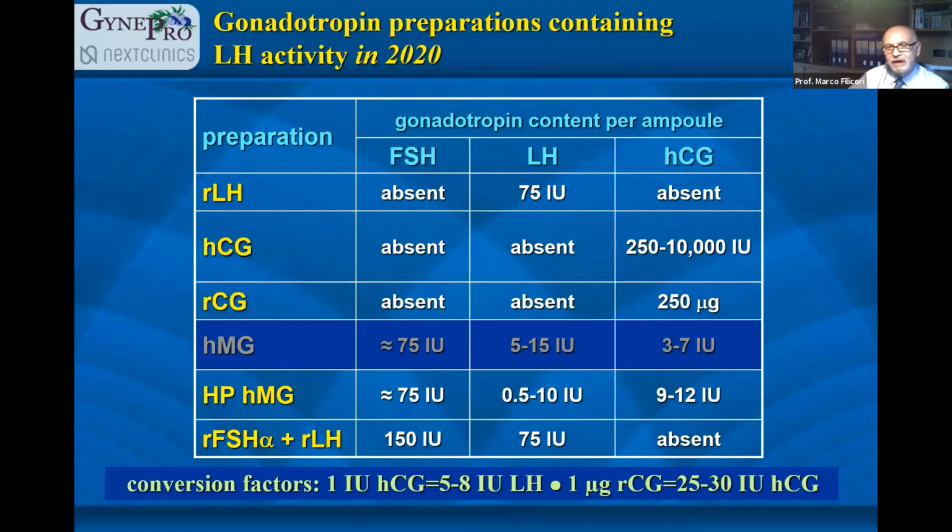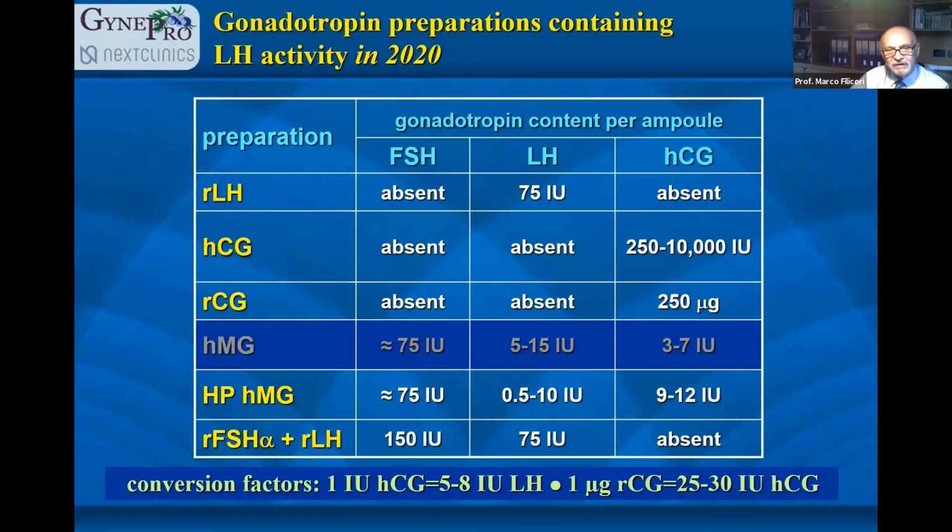Actually, in most countries in the world, you can find ampoules containing 5 or 10,000 units of HCG. Other dosages are not very common. Fortunately, in Italy, we can still get ampoules with 250 units of HCG, which are very useful to do the kind of protocols that I will be showing you later on in my presentation.